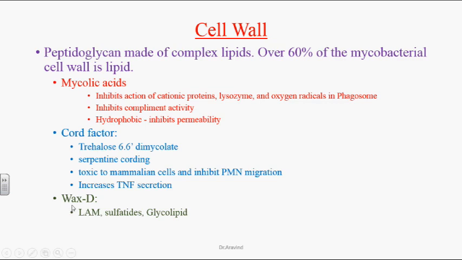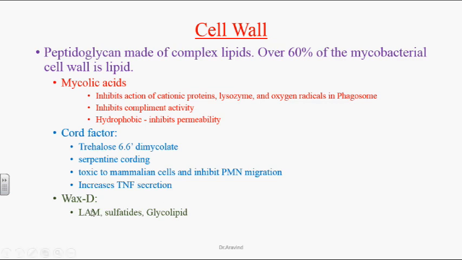Wax-D. Wax-D inside the cell wall is a combination of different varieties of lipids, that is LAM, lipoarabinomannan, sulfatides, and glycolipids. Lipoarabinomannan always prevents the oxidative burst inside the phagosome, and sulfatides and glycolipids help this organism attach to the macrophages.